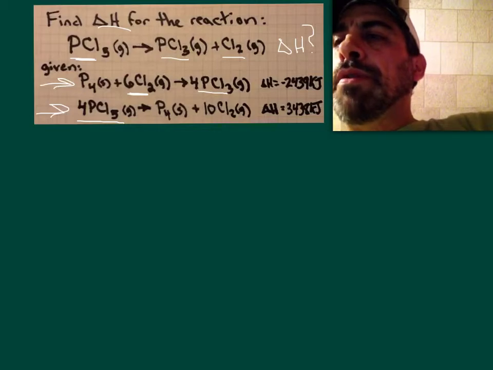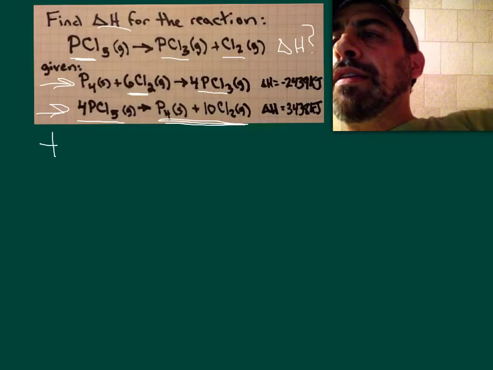They would both add up to the product that we wanted. The products of the second reaction are going to be the reactants in the first reaction, and we should be able to combine those together. So let's try adding the two equations.